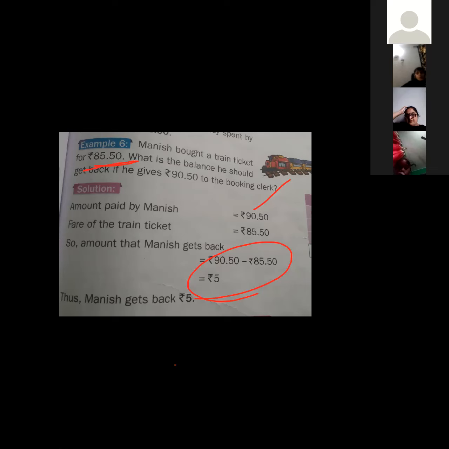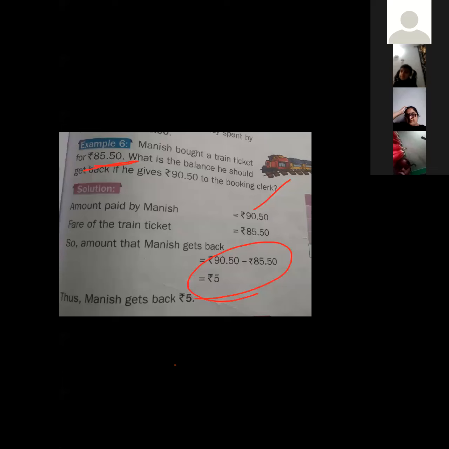Okay. So here, see, they have written amount paid by Manish, fare of the train ticket is this much, so the amount that Manish gets back is this way. Thus, Manish gets back rupees 5. It's not compulsory to write what is given in the book.